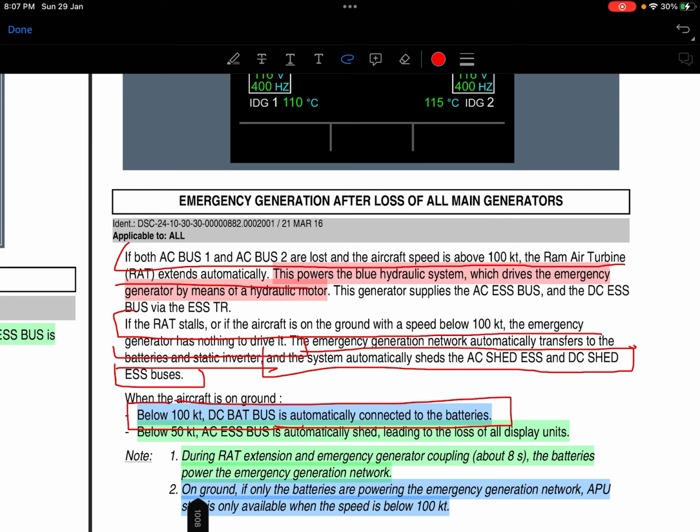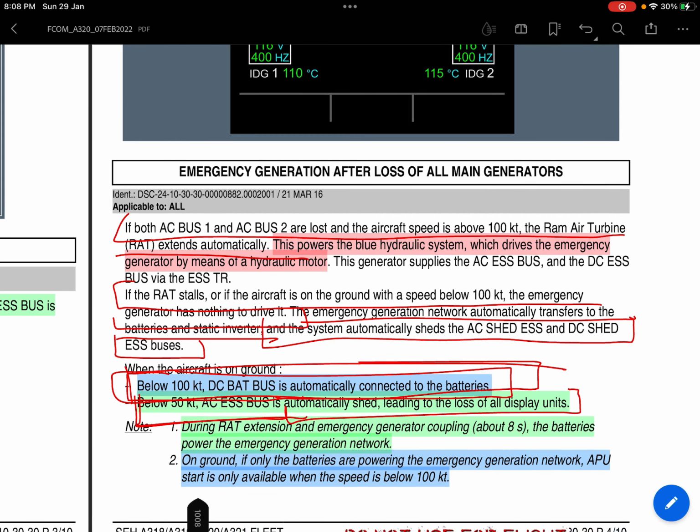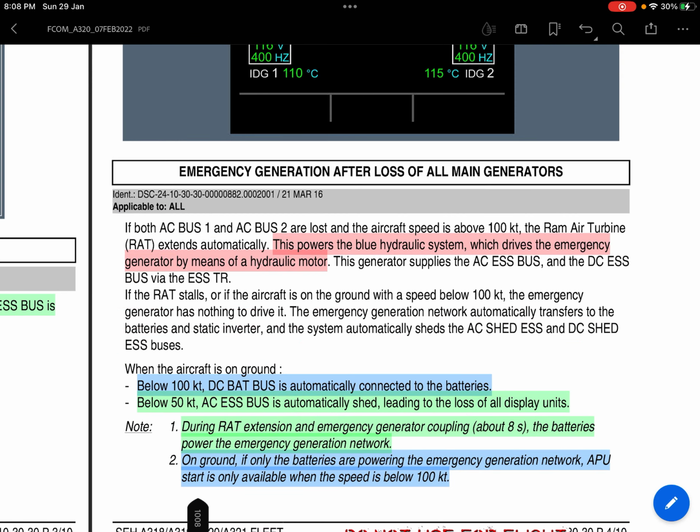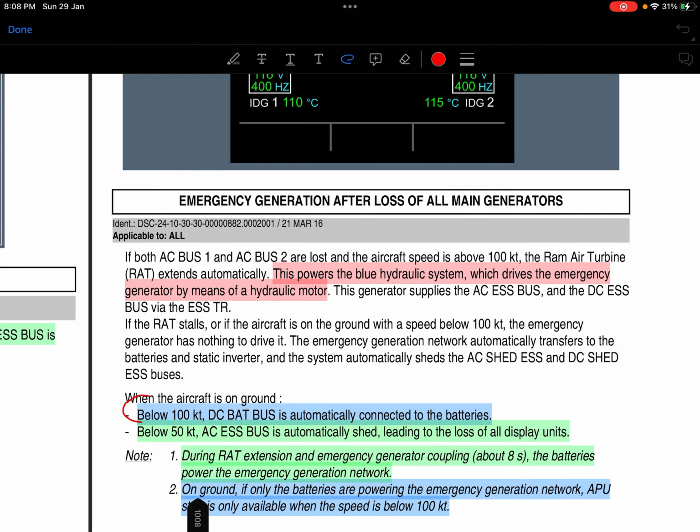And below 50 knots, the AC essential bus is automatically shed. You will end up losing all your displays and everything below 50 knots, right? So this was the explanation for this question.